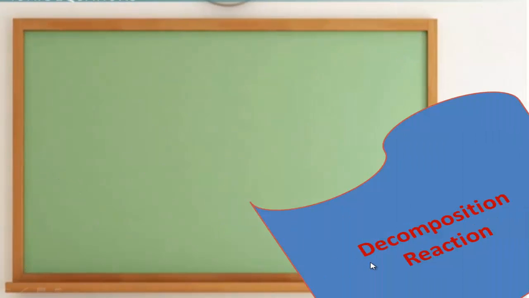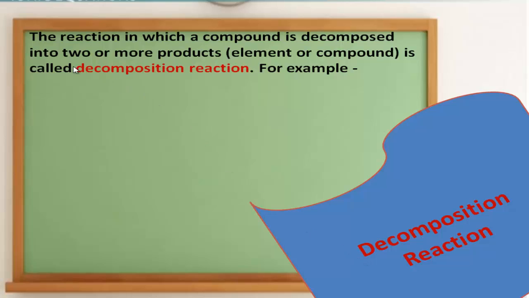Now decomposition reaction. You can say this is just the opposite of addition reaction. Let's see. The reaction in which a compound is decomposed into two or more products, element or compound, is called decomposition reaction. In addition reaction, we have seen reactants may be two or more, but the product is always one.